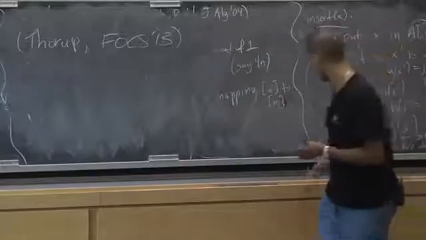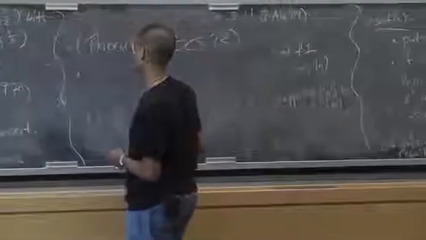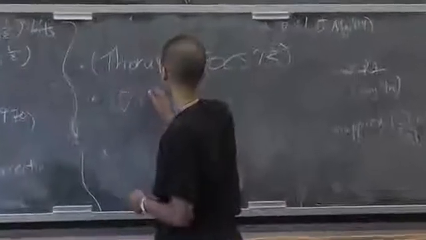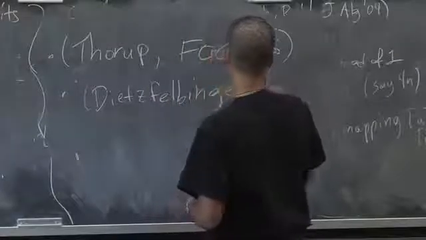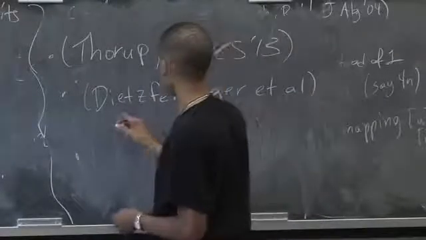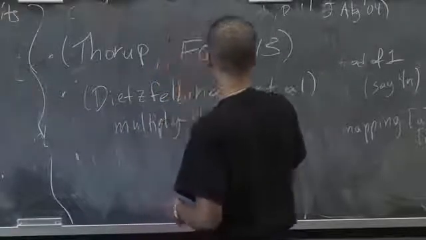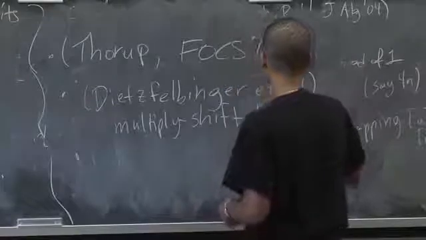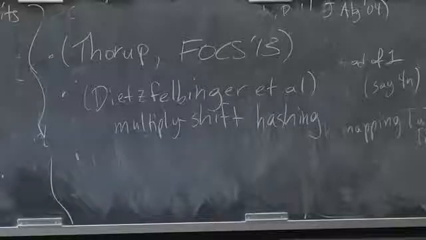I'd also recommend looking at Dietzfelbinger and others, called multiply-shift hashing. It gives a pairwise independent family of hash functions where you never have to do a mod. Everything is just multiplying and bit shifts.